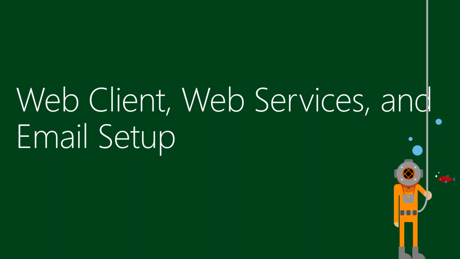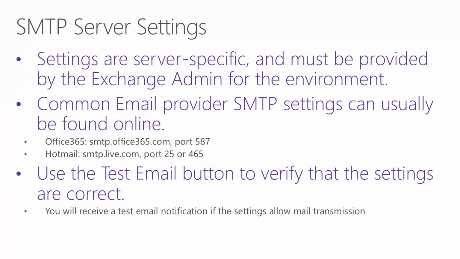So next we're going to talk about the web client, web services, and the email setup. We noticed in that very first window of our setup that there are some SMTP server settings that are necessary. Those settings are server specific, so if you have multiple servers it would have to be set for each one of them, and must be provided by the Exchange admin for the environment.